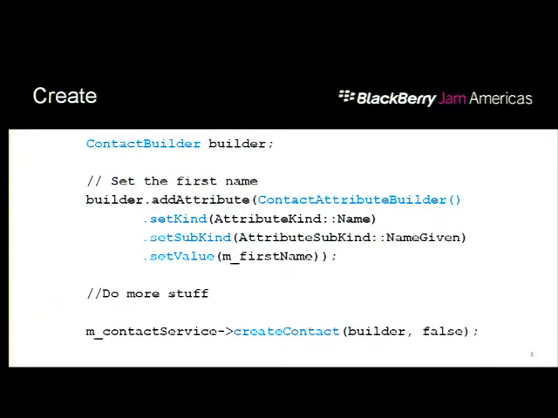Maybe you're going to add a whole bunch at once because you're creating a new contact, and then use contact service, create contact, put in your builder, and this parameter here is whether you're creating a work or a personal contact. This has to do with BlackBerry Balance. I'll talk a bit more about BlackBerry Balance towards the end of the session, so don't worry about that for now. But when you create a contact, it can be either work or personal.